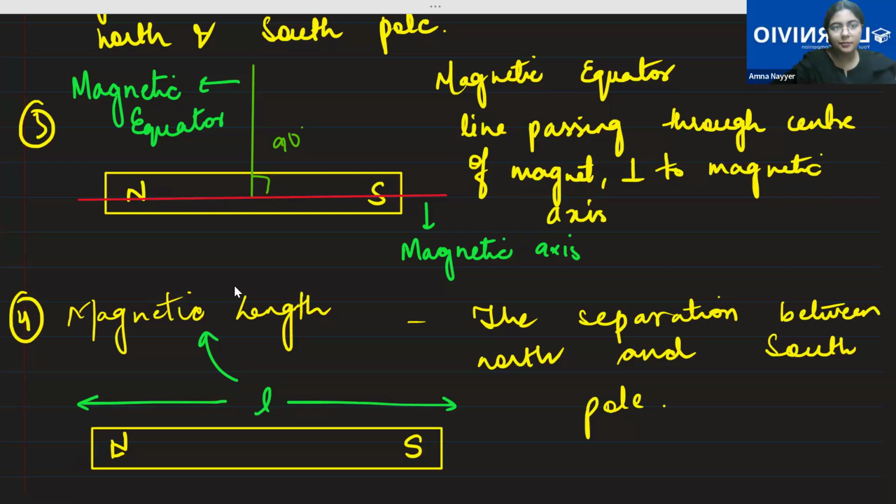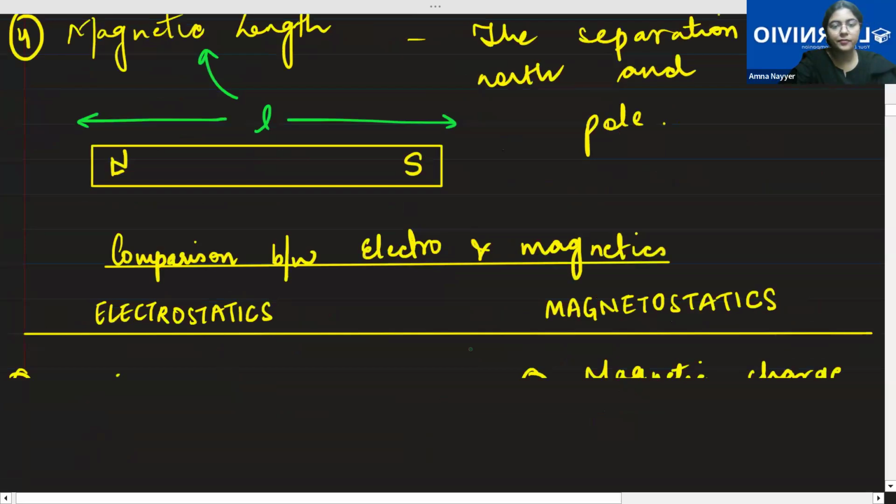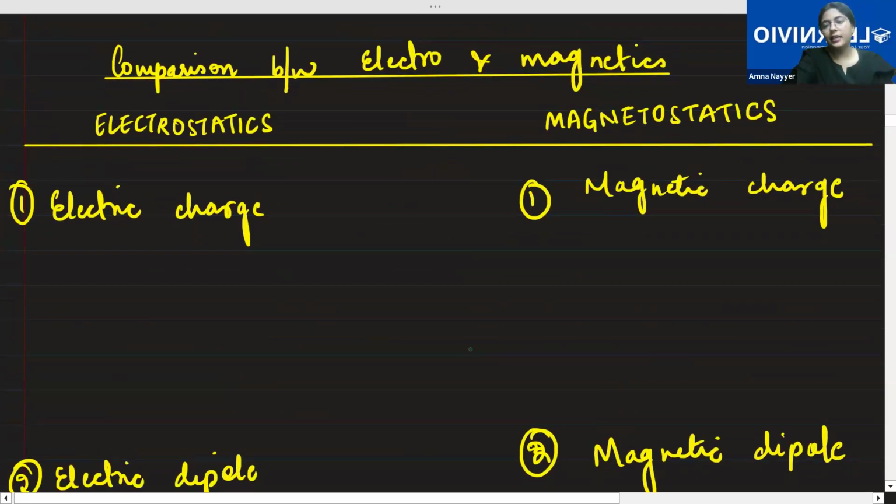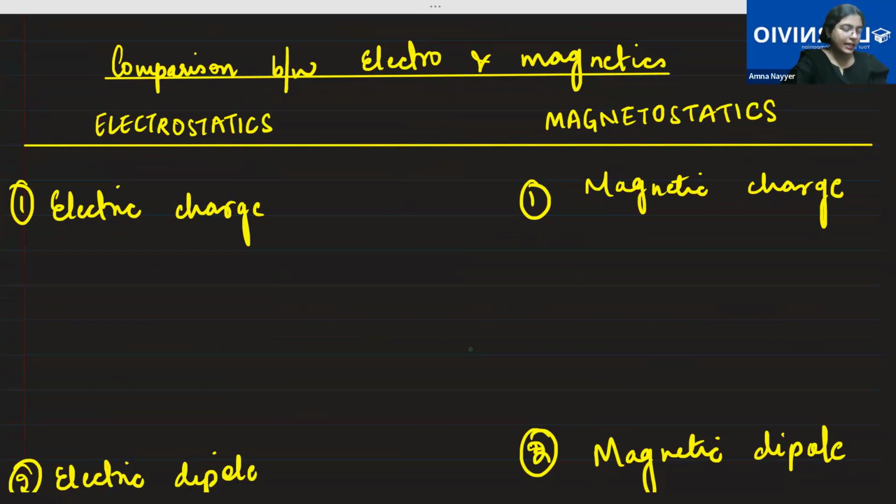Okay, let's compare the electrostatics one with this. There's a concept of magnetic charge. Now, magnetic charge is actually not a real thing that is existing.